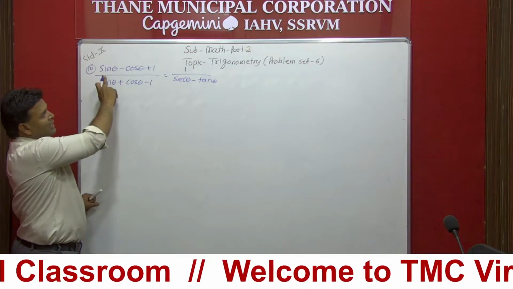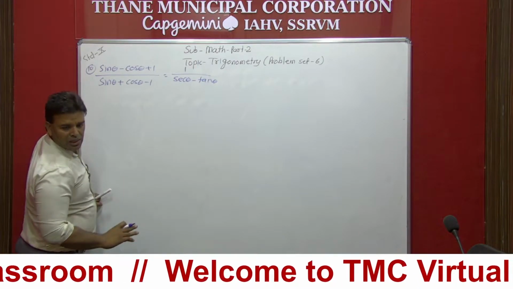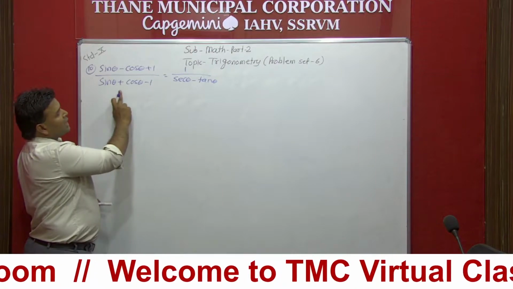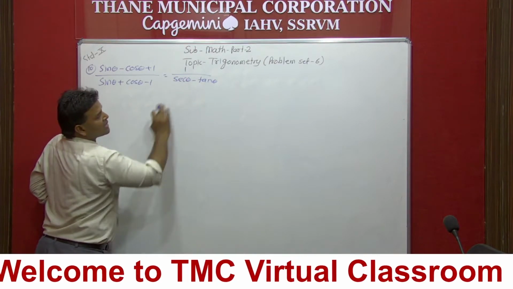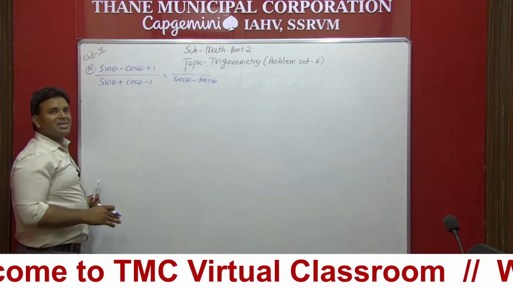Check the question. Sin theta minus cos theta plus 1 upon sin theta plus cos theta minus 1 is equal to 1 upon sec theta minus tan theta. Now the question is correct.